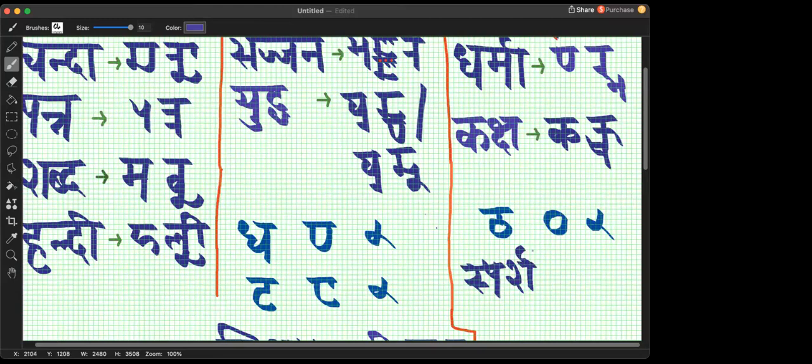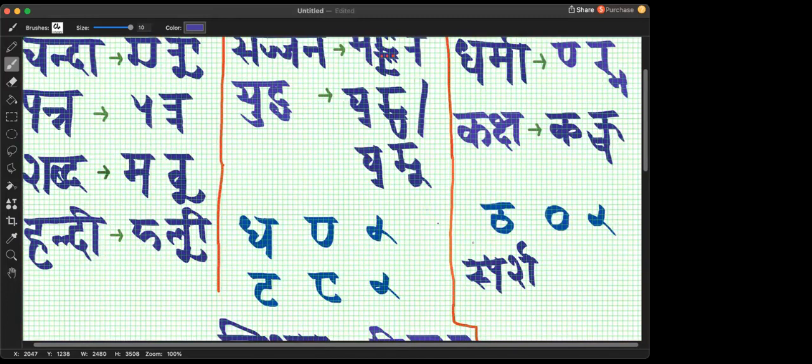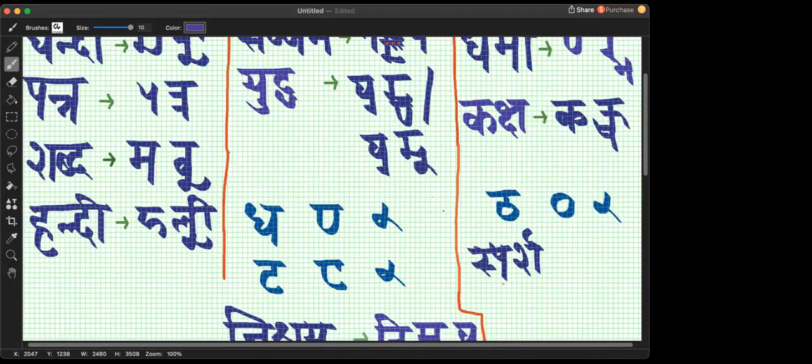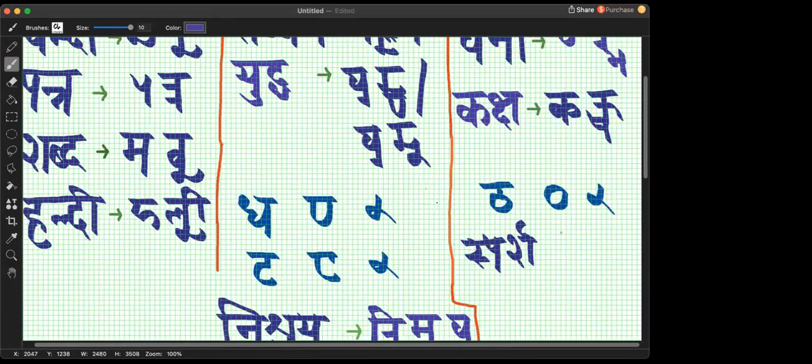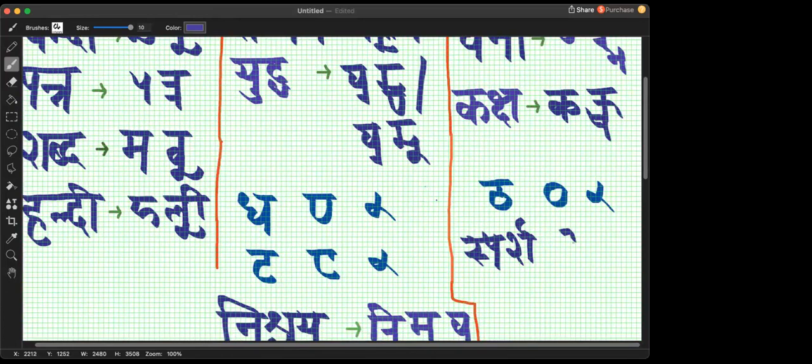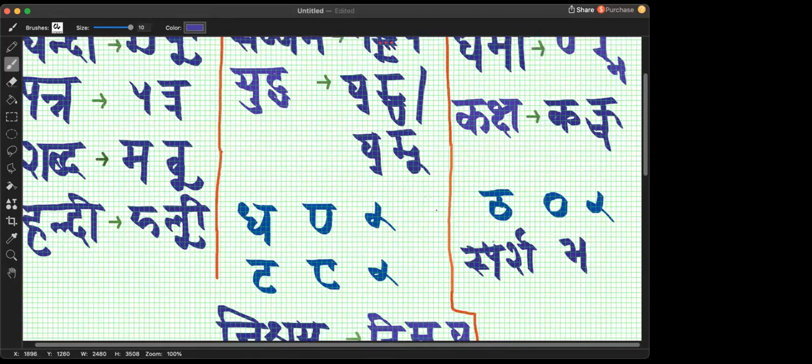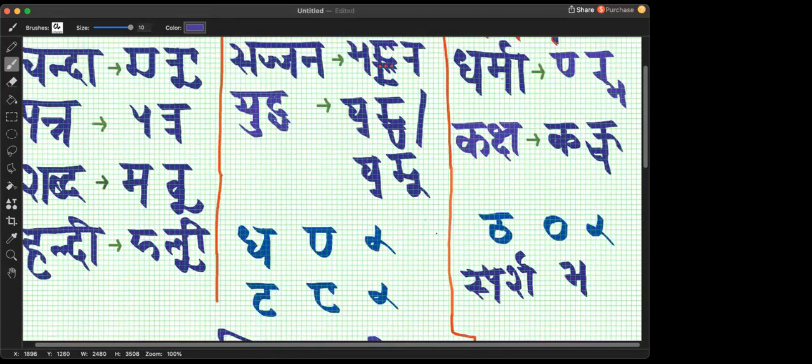I will not show for this Ursha because it has a different rule. We will take it up in next class. I will just show how to write the spur. When you're writing Sparsha, first we all know spur. We first hear so, okay? And what happens to the spur here? It will start from here, right?